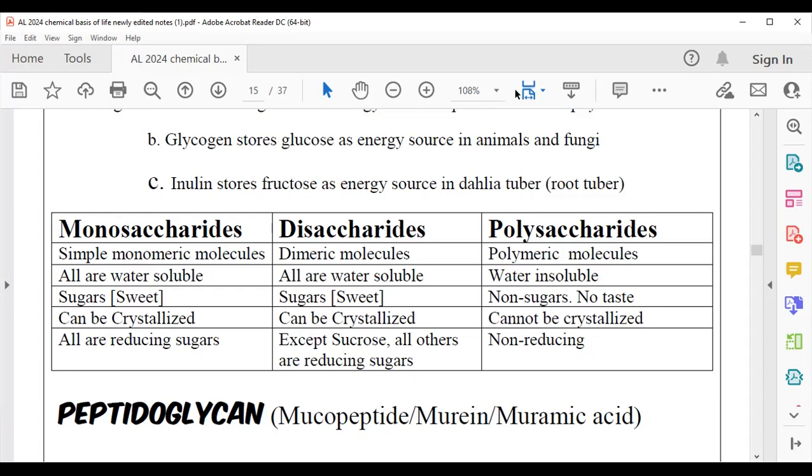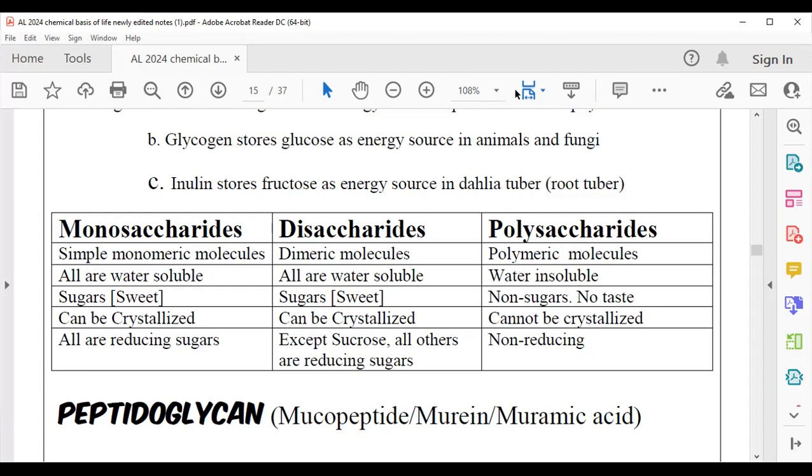So among these, who is not digestible? Monosaccharides, because they don't have glycosidic bonds. Water solubility: monosaccharides and disaccharides are water soluble. Polysaccharides are not water soluble. Monosaccharides and disaccharides are sweet in taste. Polysaccharides don't have any taste.